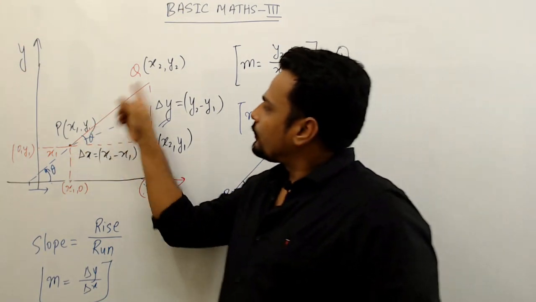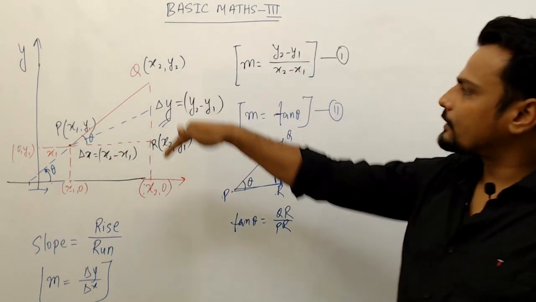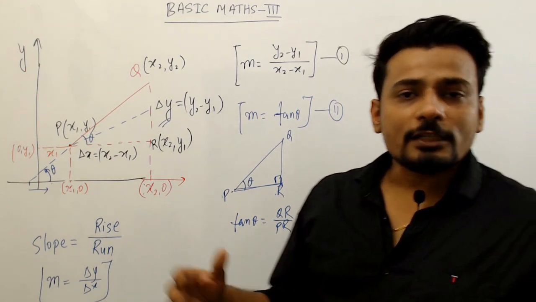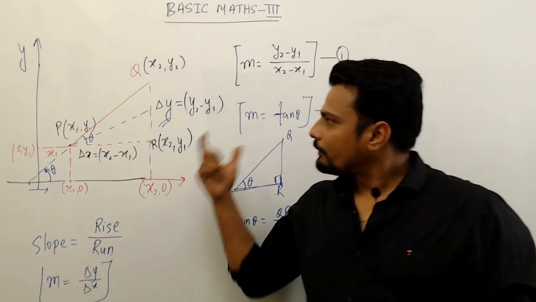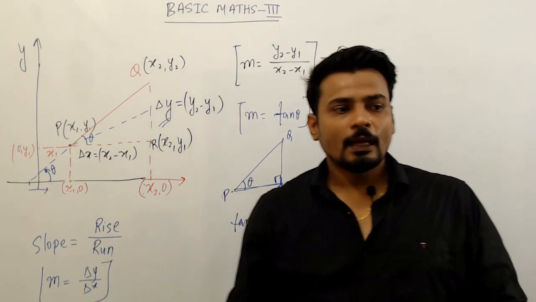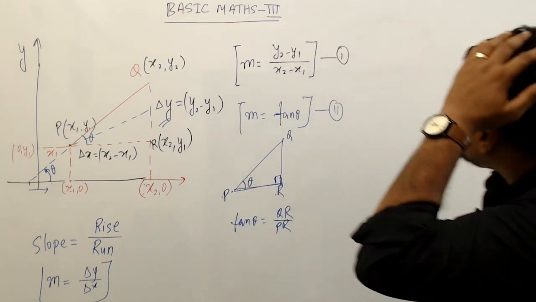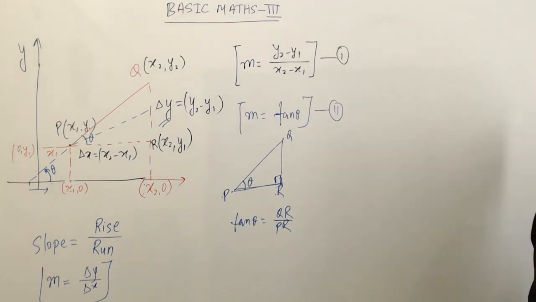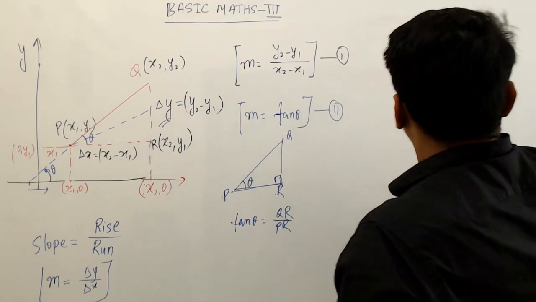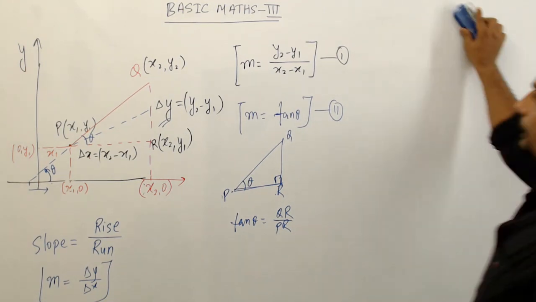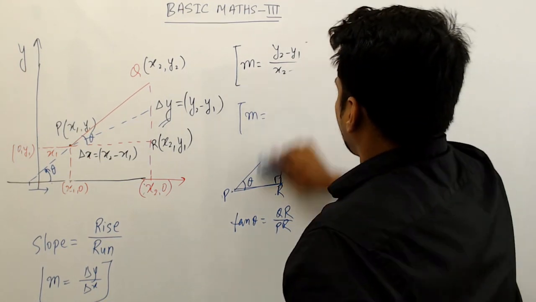Since PQ could be taken as a line, there must be some other ways in which we can find a slope. These are not the only two ways. But to know that, let me first define the line. I'm going to erase this part.